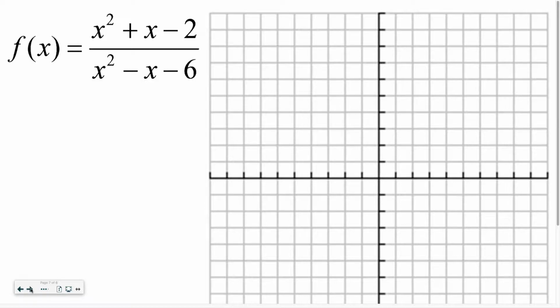What's the first thing I ask you to do? Not yet. We've got to factor first. Aaliyah, what does that numerator factor to?